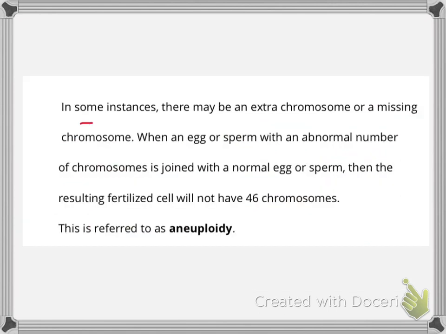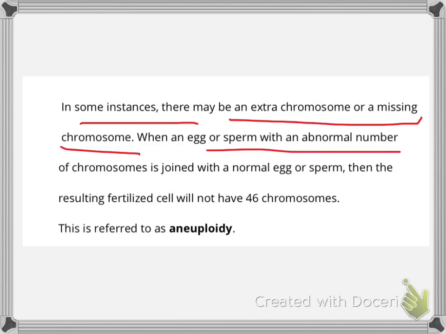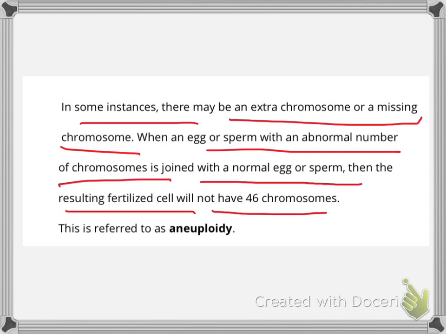That is, in some instances there may be an extra chromosome or a missing chromosome. When an egg or sperm with an abnormal number of chromosomes is joined with a normal egg or sperm, the resulting fertilized cell will not have 46 chromosomes. This is referred to as aneuploidy.